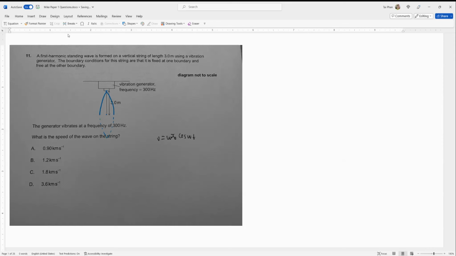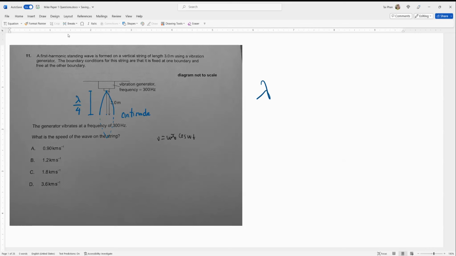But the free end here is only the antinode. The distance between a node at a fixed point and the antinode at the free point is lambda over 4.